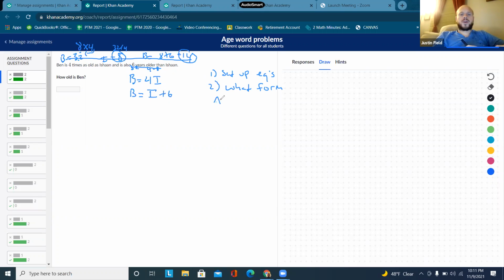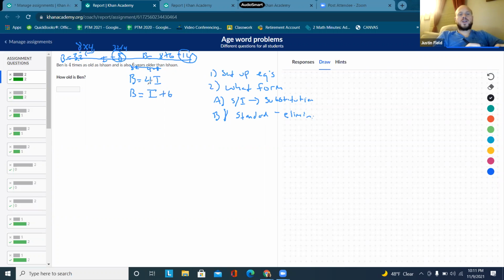But in systems, it's usually just slope-intercept form or standard form. And if we have slope-intercept form, we're using substitution for our solving process. If we have standard form, both of them in standard form, we're using elimination.